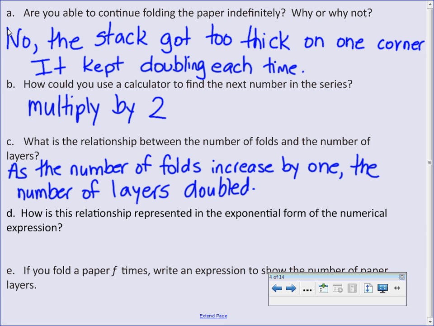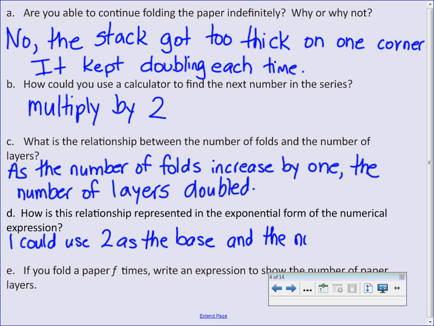What did we use as the base? What did we use as our exponent? We use 2 as the base. And we use the number of folds as the exponent.